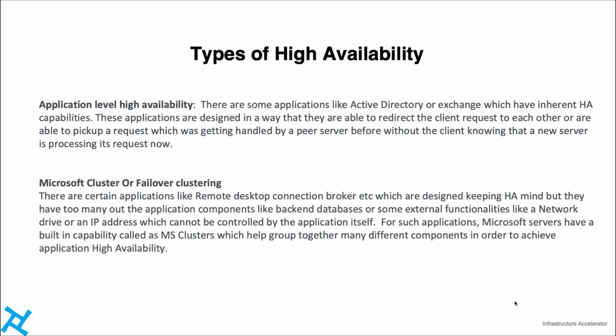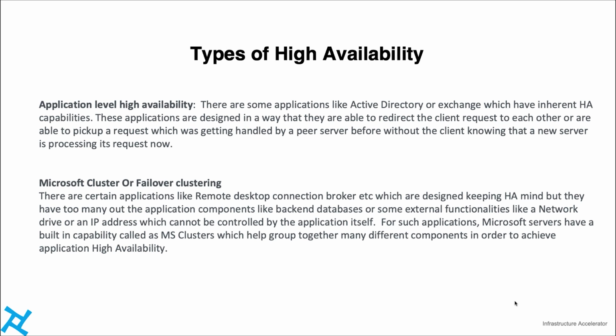But they have too many components outside of the application, like backend databases and some external functionalities like a network driver or an IP address, which cannot be controlled by the application itself. For such applications, Microsoft Server has a built-in capability called MS Cluster, which helps group together many different components in order to achieve application level high availability.